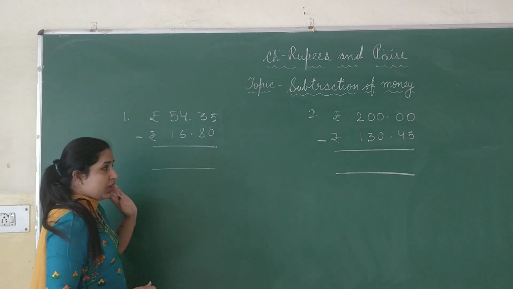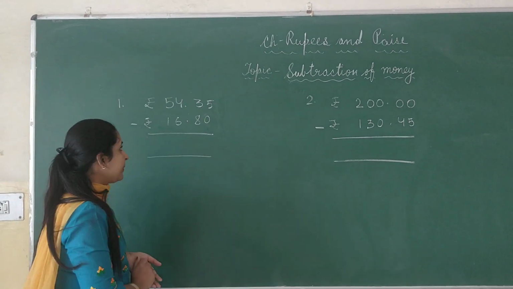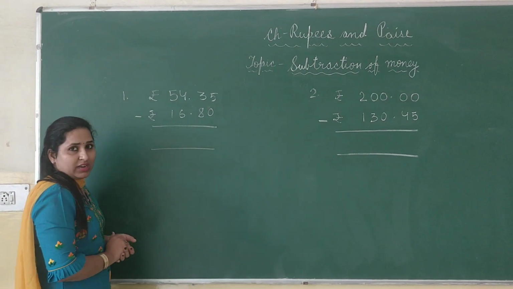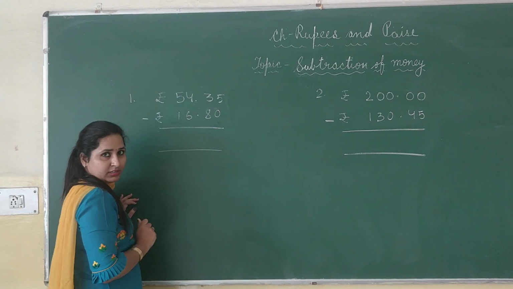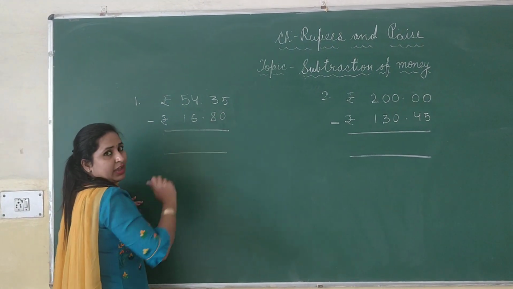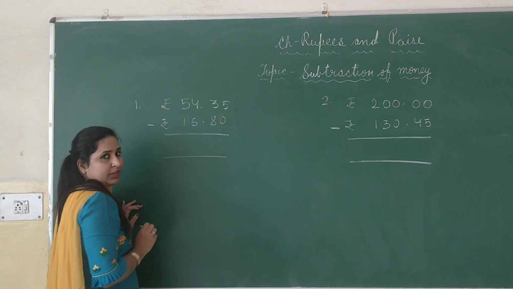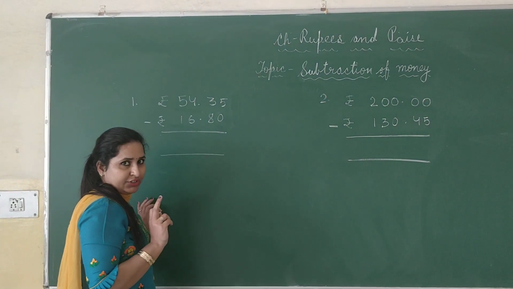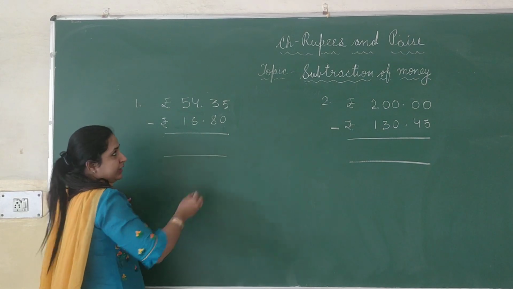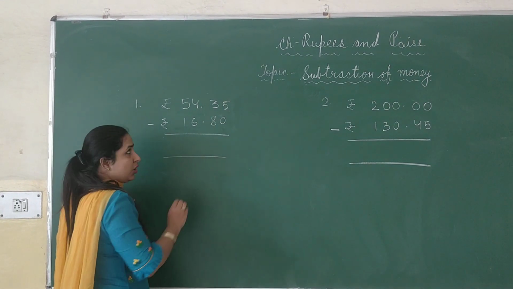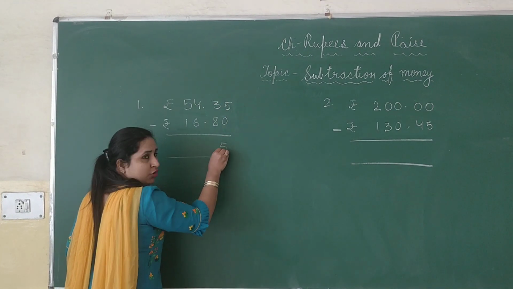Okay, children, how to subtract them? As we did in addition, we will always start from the right hand side and arrange the numbers as we did while doing addition, with the point symbol and everything, and you will always write one digit in one box. Now start: it is 5 and it is 0. From 5 we subtract 0. 5 minus 0 is 5 only.